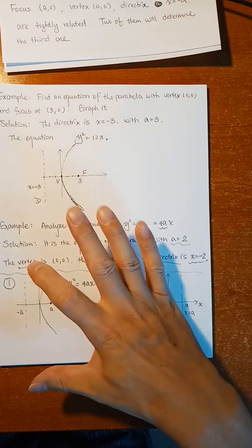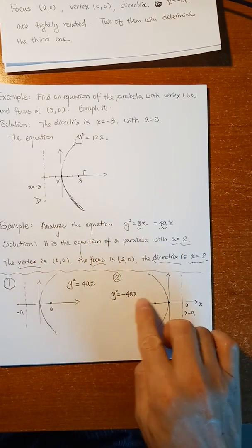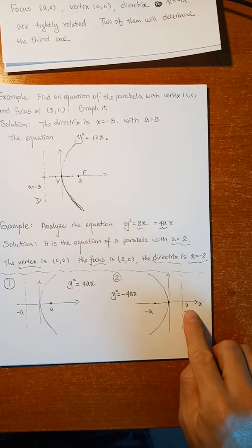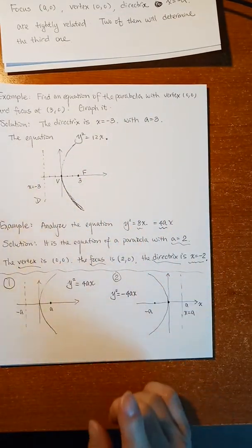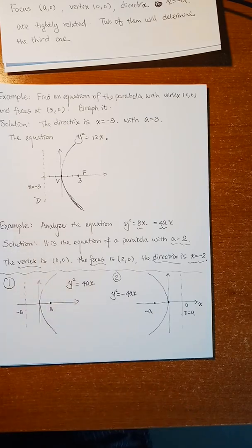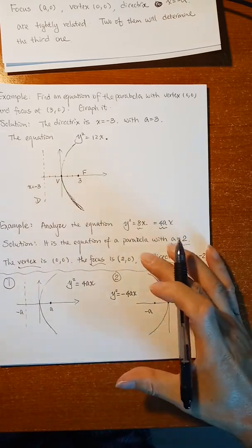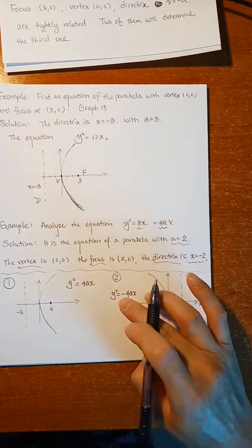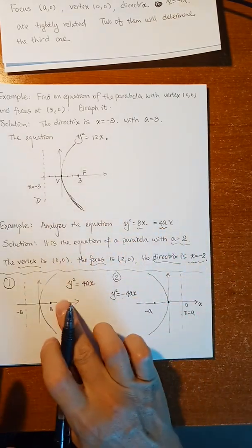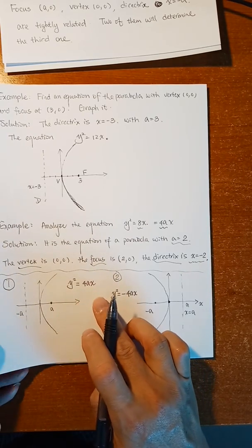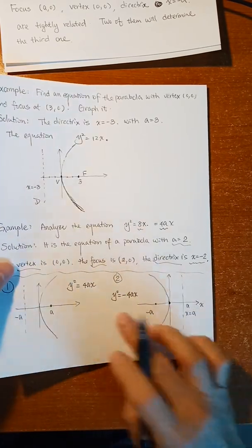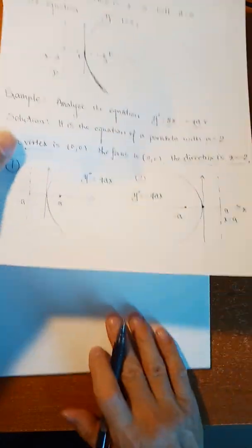Okay, open to the left, negative 4ax. a is always positive. In the whole setting, the letter a is always positive. Okay, so open to the negative x direction is negative 4ax. Open to the positive x direction is a positive 4ax. They are both y squared equal to them.